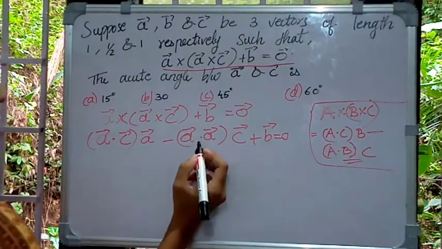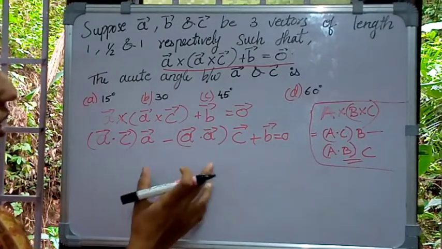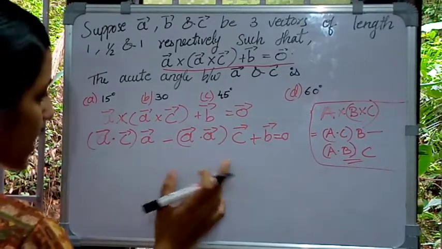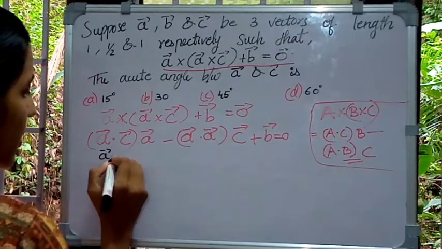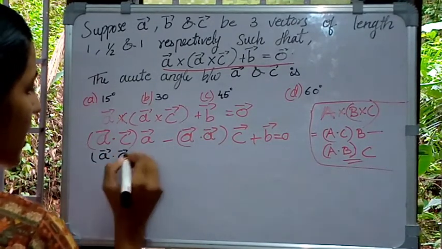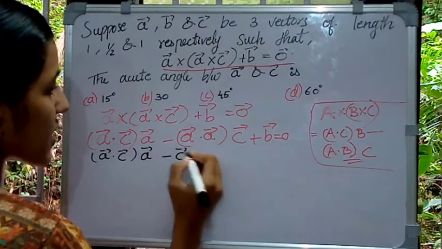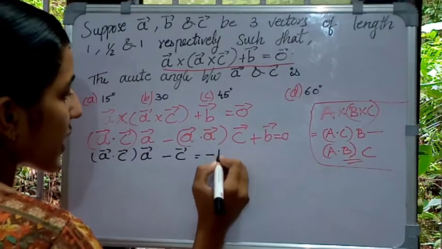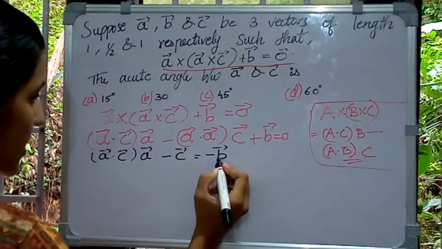Here the value of vector A dot vector A will be 1, since the dot product of two equal unit vectors is 1. So on rewriting it, we get (vector A dot vector C) into A minus vector C equal to minus vector B, as I have taken this vector B to the right side.